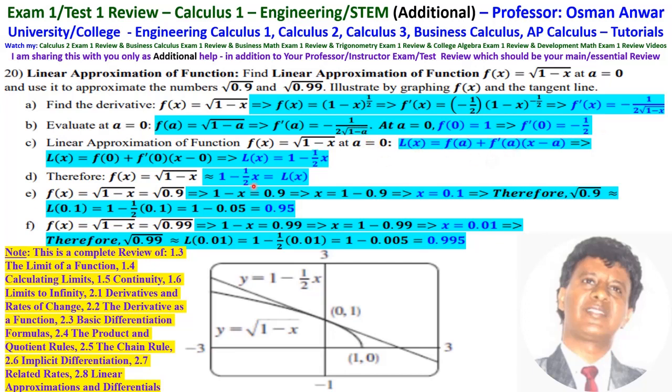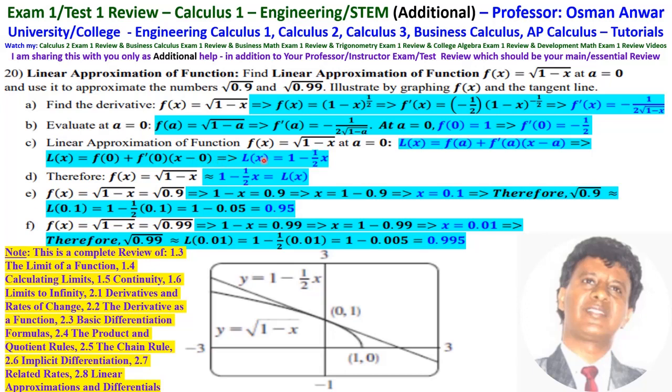Then the linear approximation of the function f of x equals square root of 1 minus x at a equals 0 is L of x equals f of a plus f prime of a times x minus a. But we know a is 0, so L of x is f of 0 plus f prime of 0 times x minus 0.